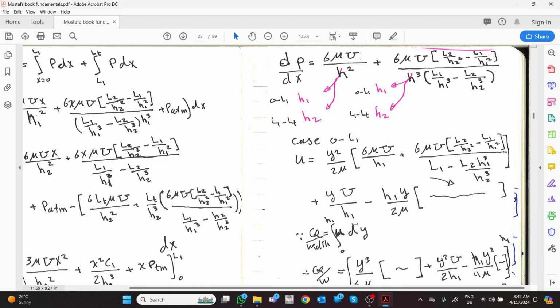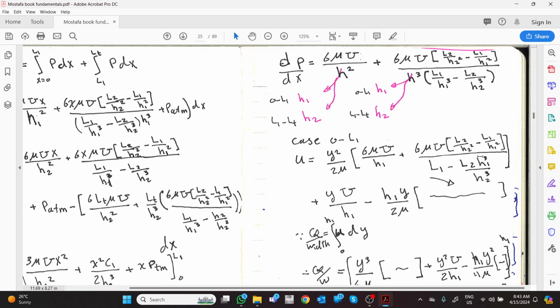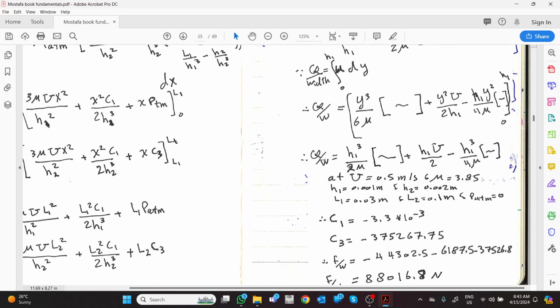So the flow rate is U du dy by width. So Q by width equals, from 0 to H1 for the first section, U dy. So we got all of this. These terms here, these terms here, these terms here, the same term here. Then you will get the final equation.